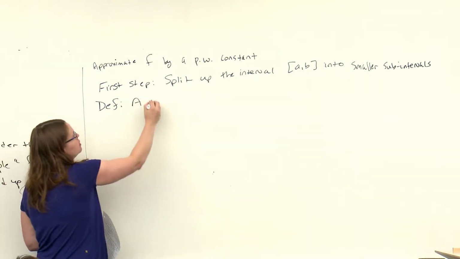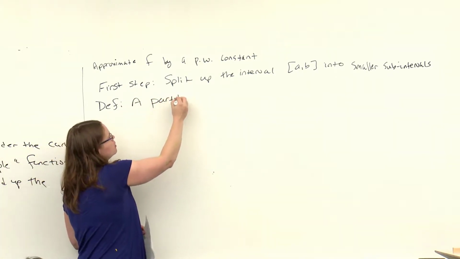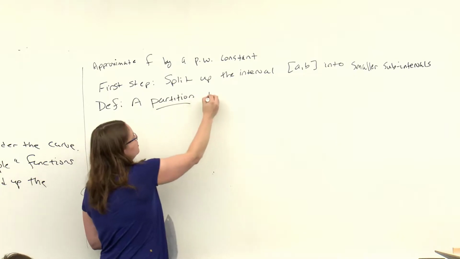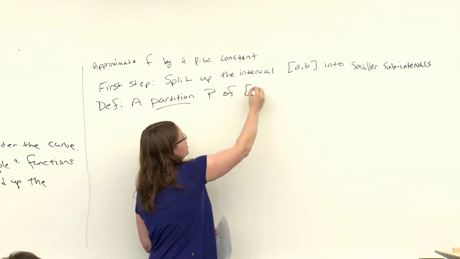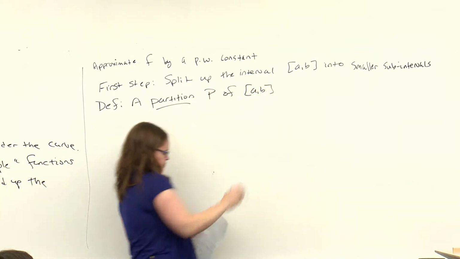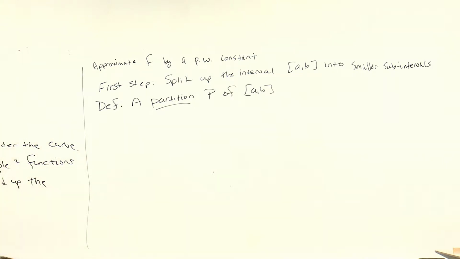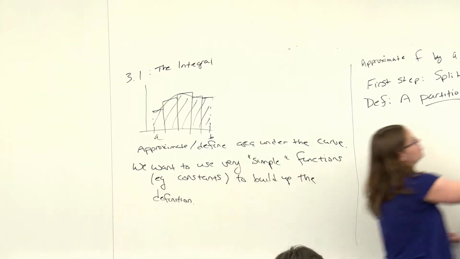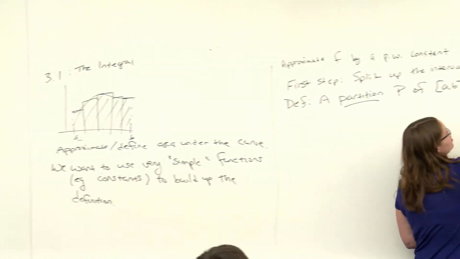A partition P of the interval a to b, okay, it's going to consist of a collection of points. The points that form the endpoints of all of these bases of the rectangles. Okay, so this is a finite set of points.